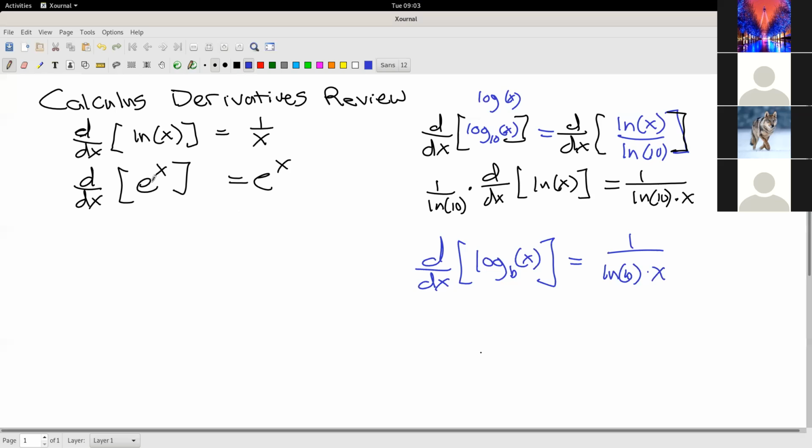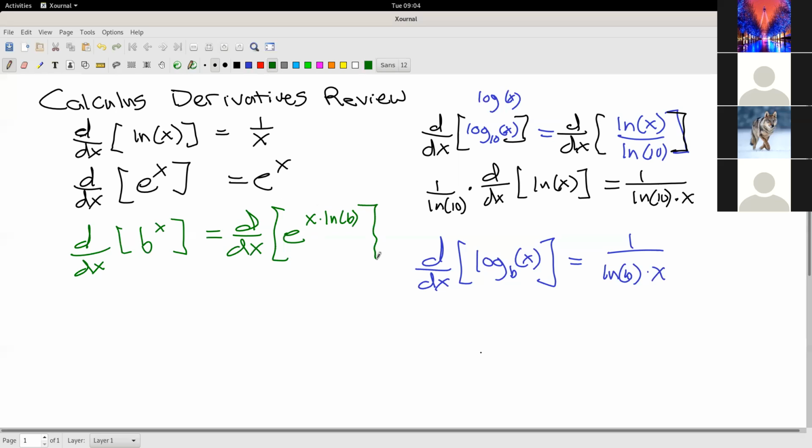And then there's a similar rule for any base besides e to the x, and hopefully you looked this up. So if I wanted to take the derivative with respect to x of b to the x, for any base b, there's a change of base, or you can look at it as a change of variables, that can be rewritten as e to the power x times the natural log of b.